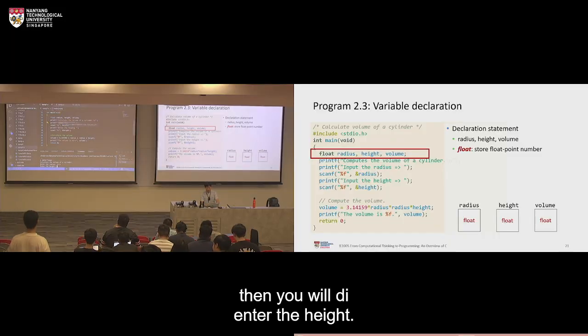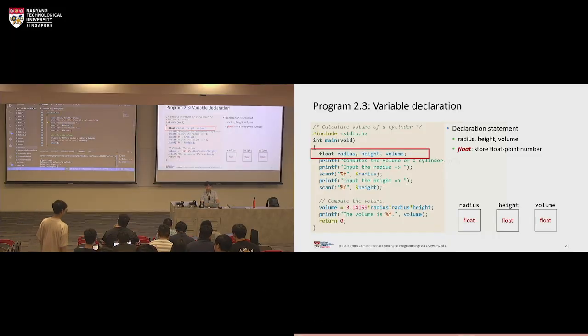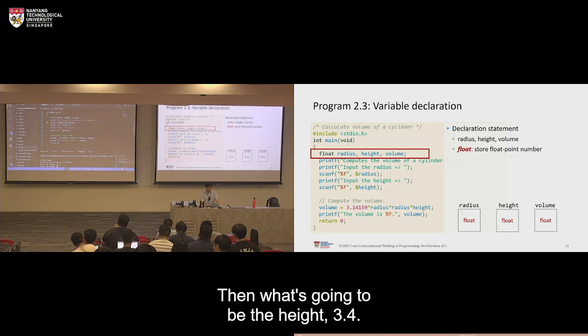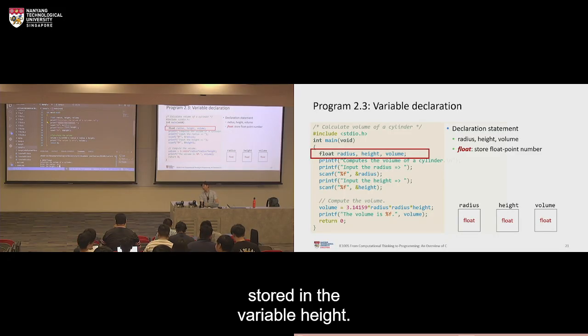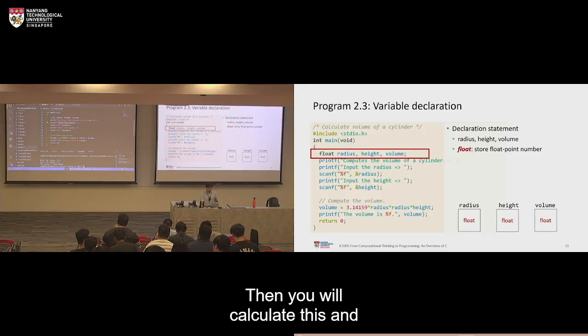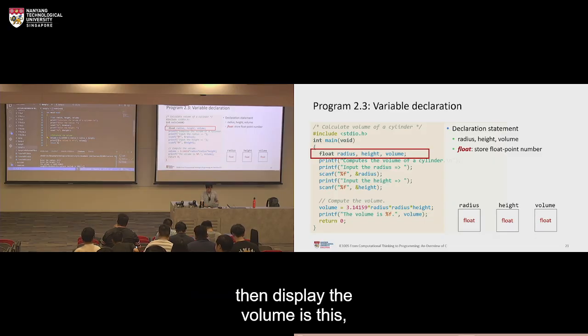Then you will display, enter the height. Then what's going to be the height? 3.4. Then this value will be stored in the variable height. All right. Then you will calculate this and then display the volume is this value, the value of the variable volume.